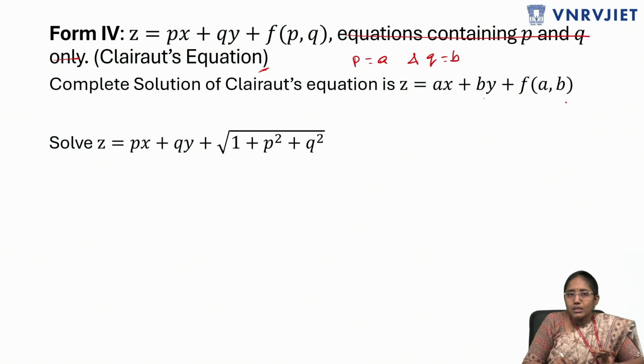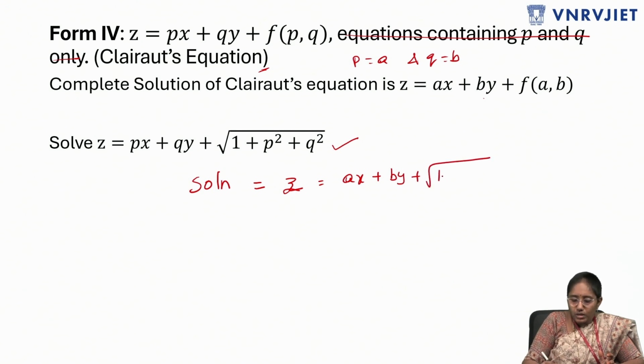Is it in the form of Clairaut's or not? This is in the form of Clairaut's. So simply write the solution. The solution of the Clairaut's equation is z is equal to ax plus by plus square root of 1 plus a square plus b square.